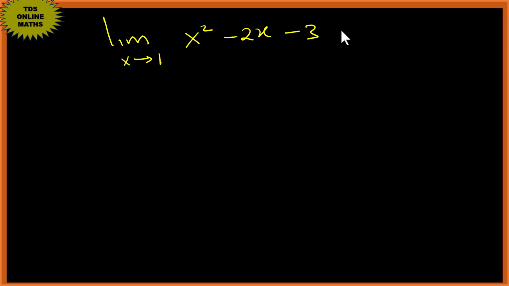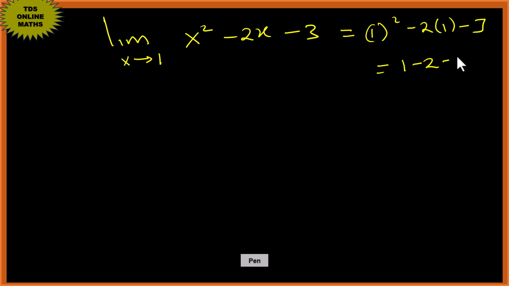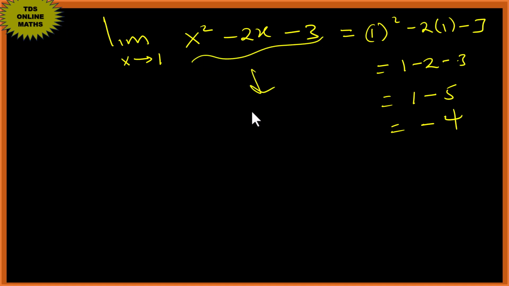So we have 1 squared minus 2 times 1 minus 3, which is 1 minus 2 minus 3, so 1 minus 5, which is -4. So the result for this is -4.